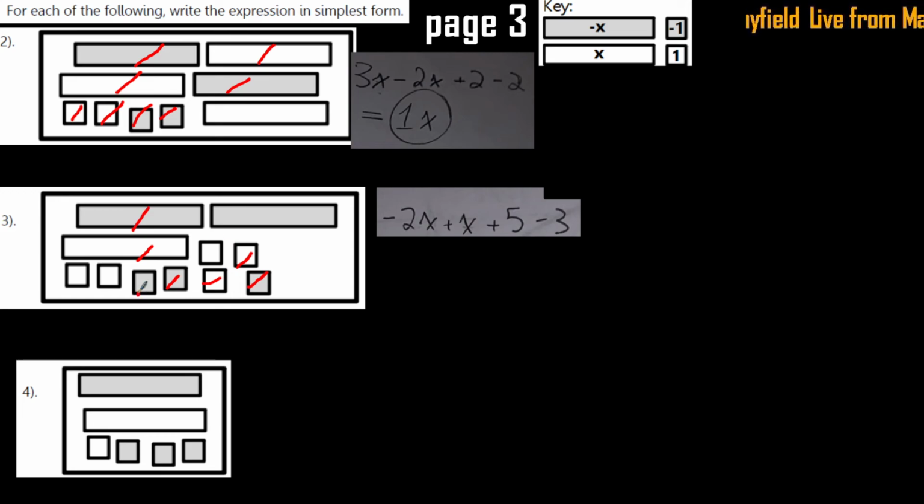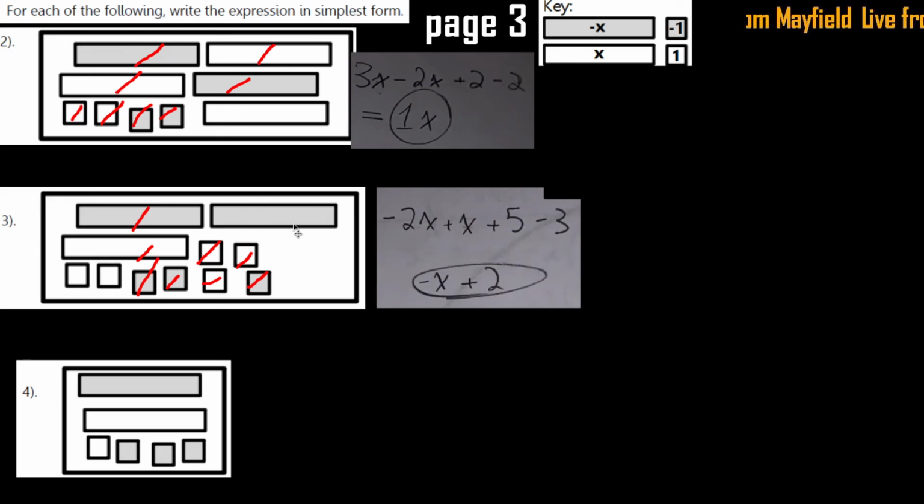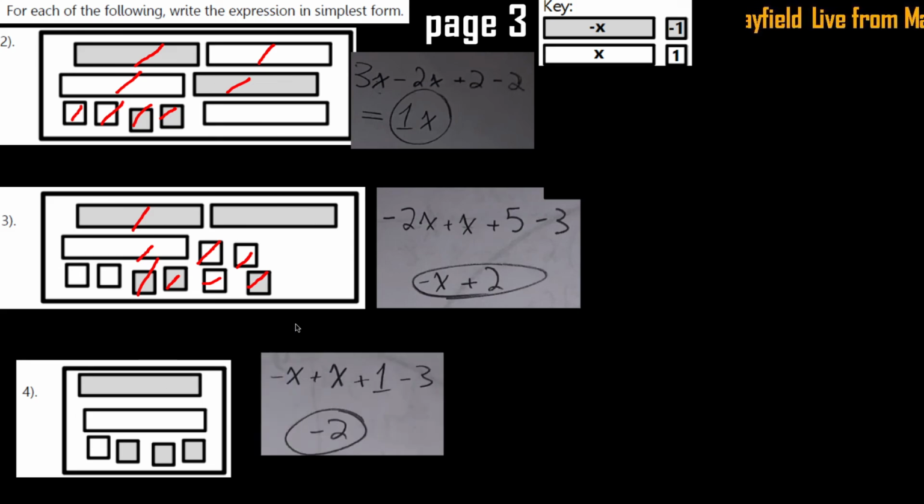If you want to use those algebra tiles for yourself so you can move them around, please do. So I end up with a negative 1x plus 2. And for number 4, you should be ending with just a negative 2. You can see that as I make those zero pairs, all that we're left with is those 2 negatives.